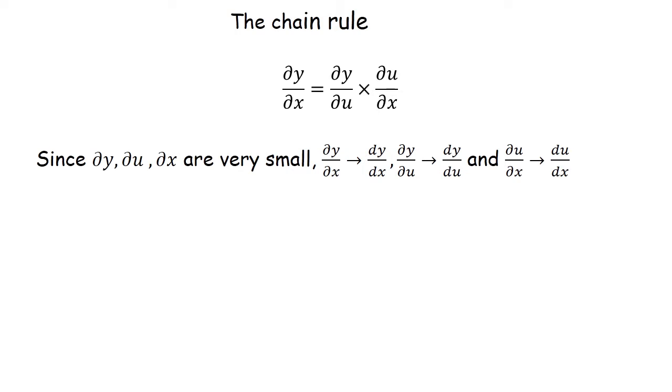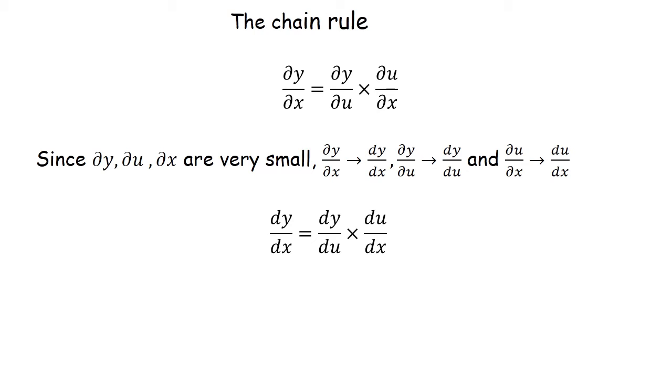So when these smaller changes are very small, the change in y over change in x tends to dy/dx, the change in y over change in u tends to dy/du, and likewise the change in u over change in x tends to du/dx.